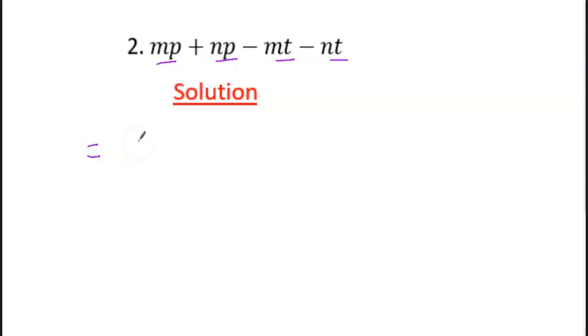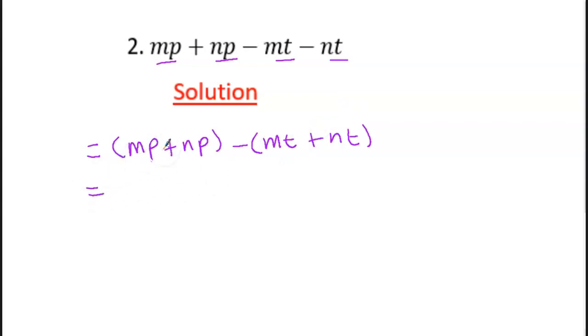So this is equal to, we group them first, mp plus np, minus. Now care must be taken. As you bring minus out, mt plus nt, so that when you open the bracket, you should get the same thing.